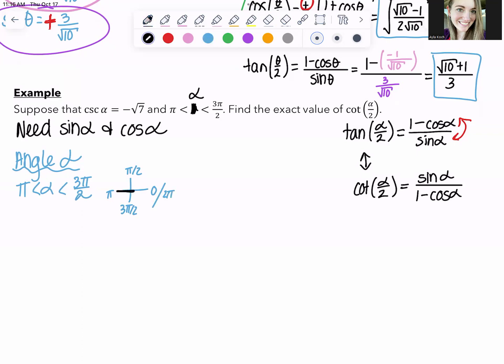Between pi and 3 pi over 2, that puts us here in quadrant 3. All students take calculus. So in quadrant 3, I know that tangent is positive, everything else is negative. So sine of alpha will be negative, and cosine of alpha will also be negative.